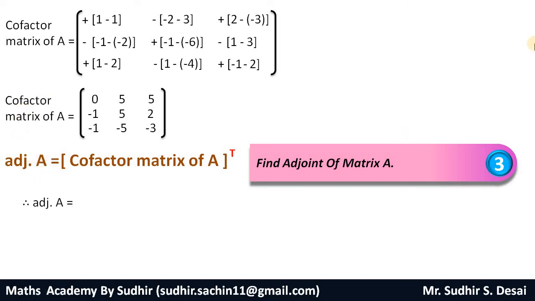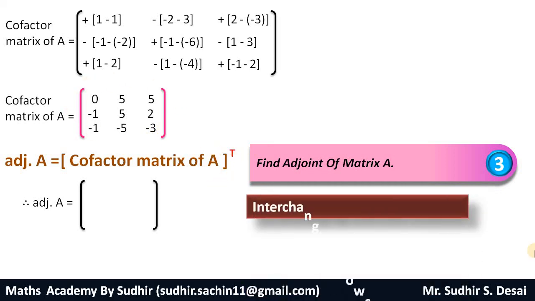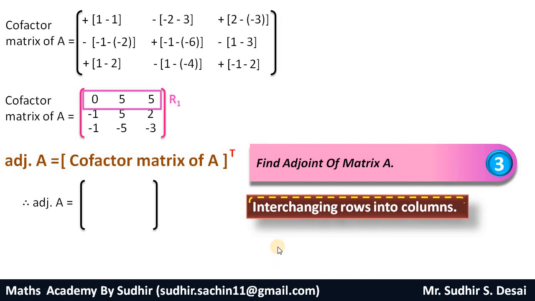So adjoint of A is equal to the transpose of the cofactor matrix of A. This is the cofactor matrix of A. And how to obtain transpose? By interchanging rows into columns. So let's change row 1 as column 1.